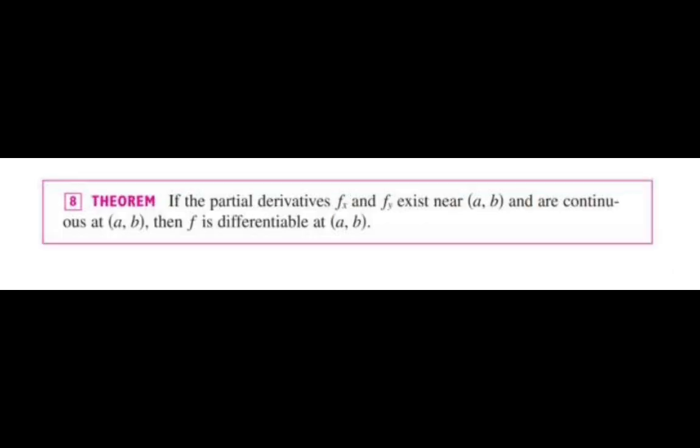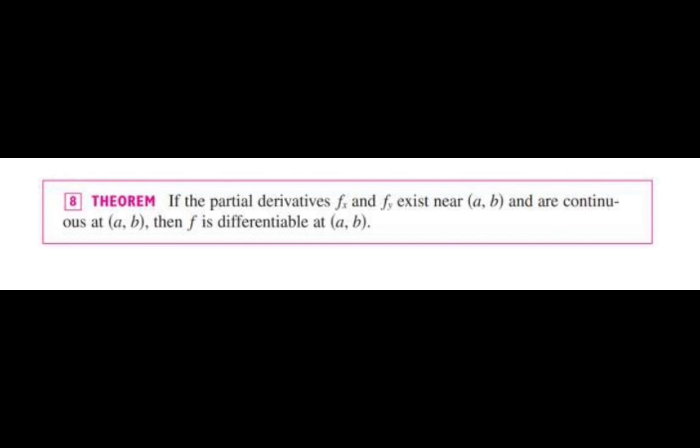So we also have here a theorem. The theorem says that if the partial derivatives f_x and f_y exist near (a, b) and are continuous at (a, b), then f is differentiable at (a, b).